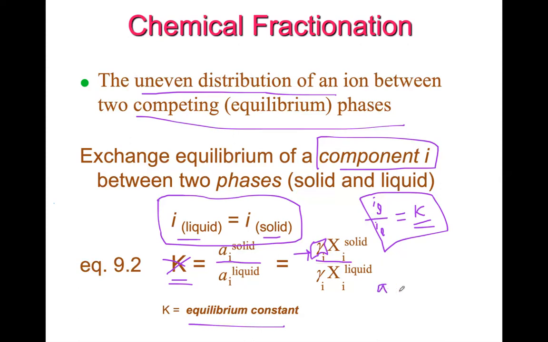You have the activity in the solid, right, for a particular element, which is directly proportional to the activity of that element I in the liquid phase. Okay, so this is directly proportional, right? So you can interpret it like this also.